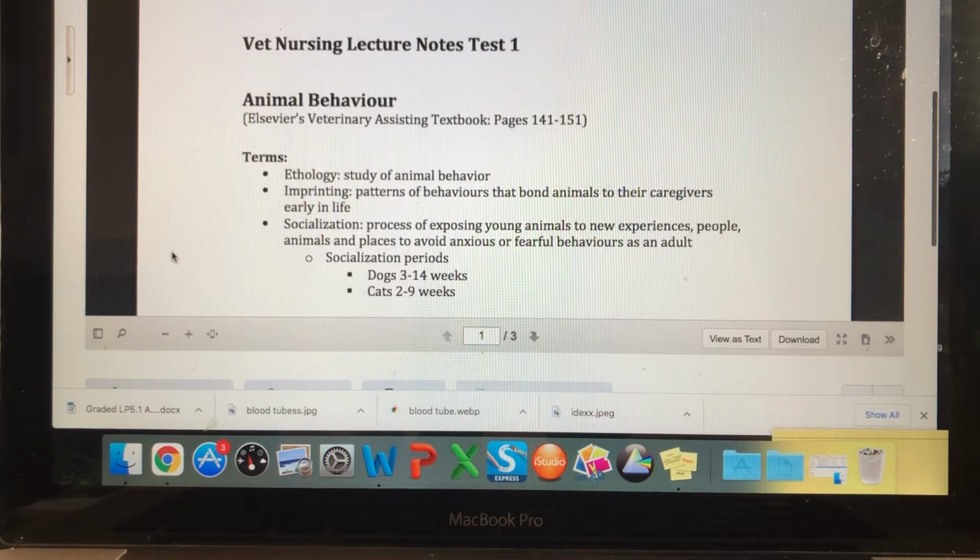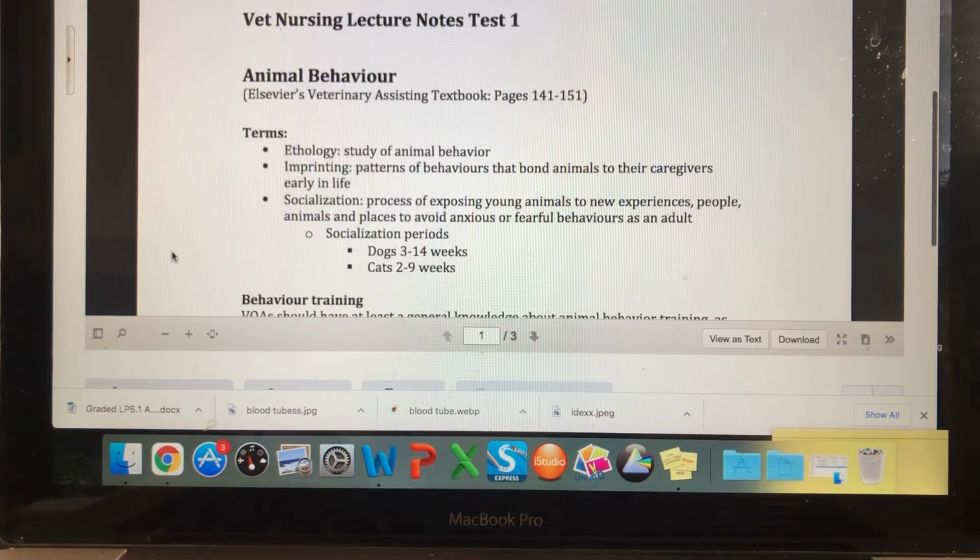If they got their vaccines, because we don't want to scare those animals when they're older and that socialization period is closed. So you can see those important socialization periods for dogs and cats are often when, as the owner of the animal, we don't even have access to those animals. Okay, so typically it's before then that we're adopting them.